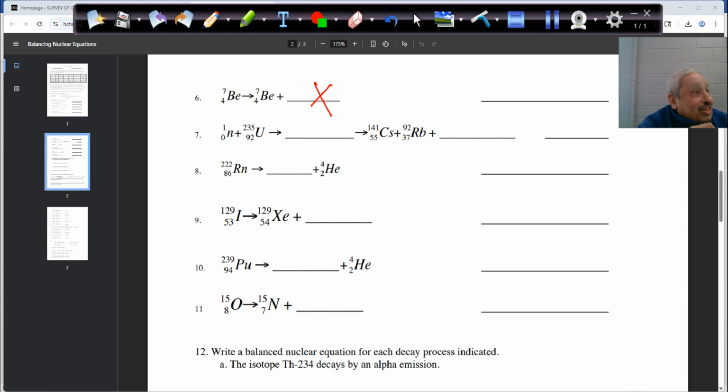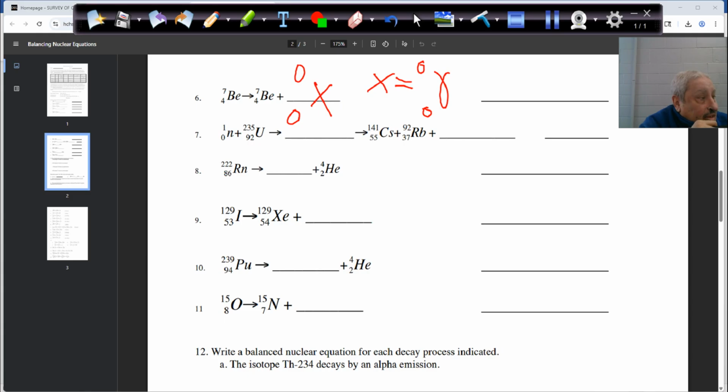So this one is what? Zero mass, okay. And how about the atomic number? 0. So what is this one? X is equal what? Gamma. Gamma, 0 atomic mass and 0 atomic number. That's gamma. Okay, guys?